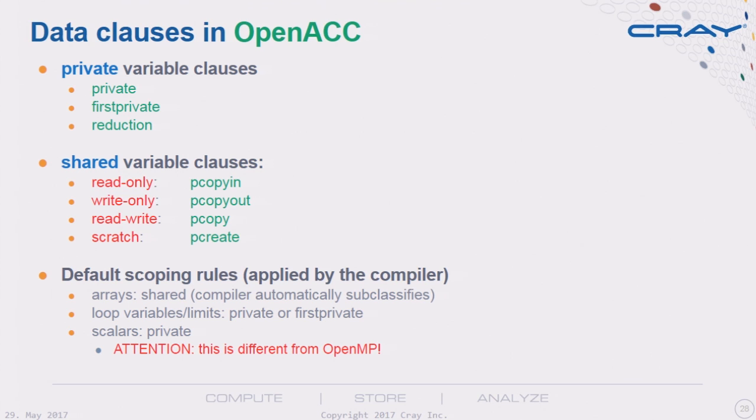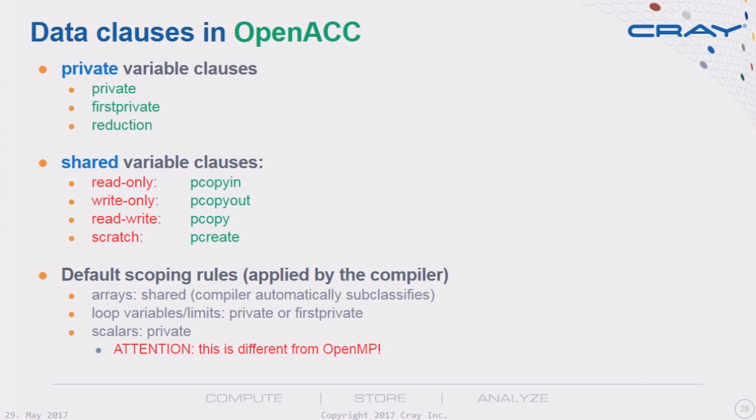We also have, again, the private, firstprivate, and reduction clauses for private variables, and for the shared variables, the copyin, copyout, copy, and create statements for the scratch. I note here these pcopyin, pcopyout, and pcopy.